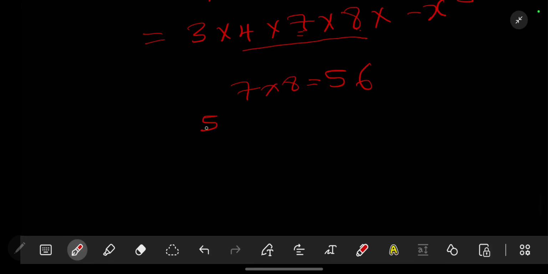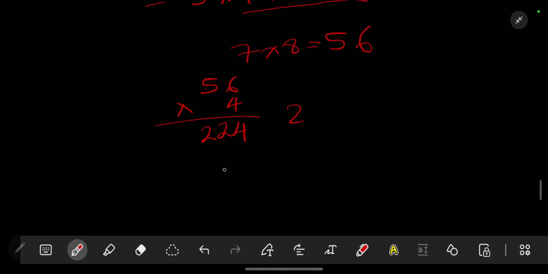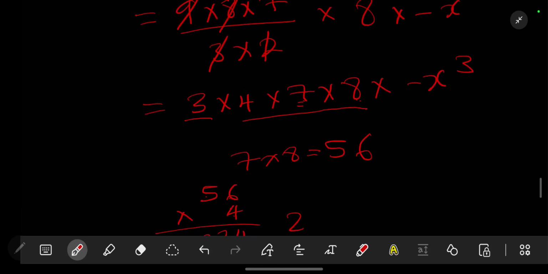So we are going to multiply 56 by our 4, which will give us 4 times 6 is 24. So 4 remainder 2. 4 times 5 is 20 plus 2, that's 22. So we have our 22. Now multiply times the 3.